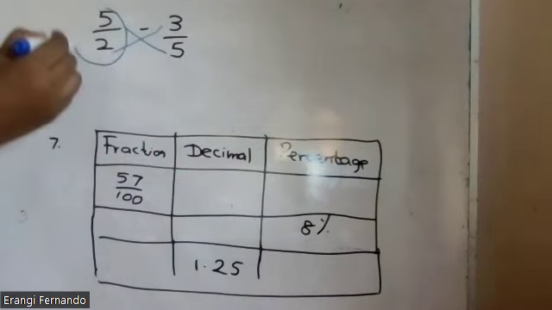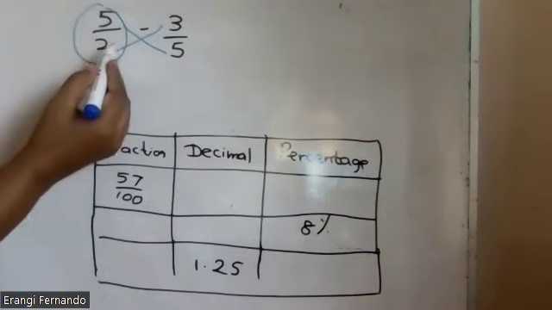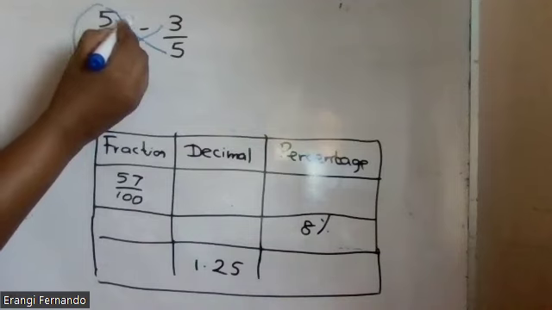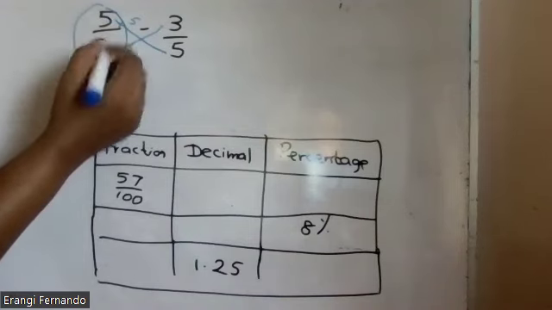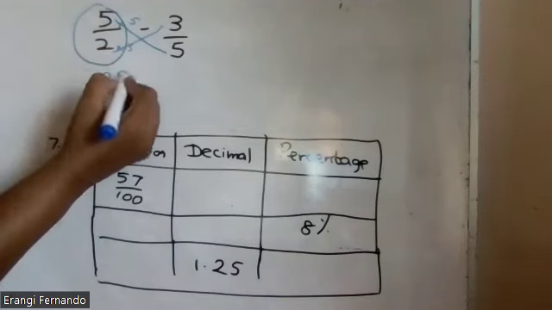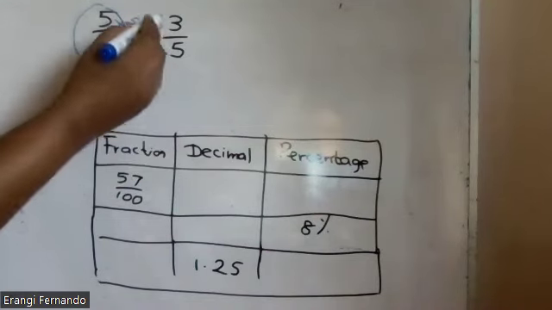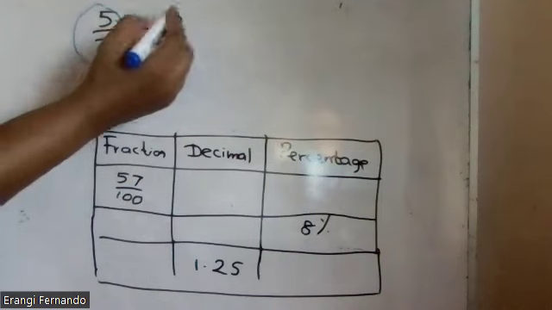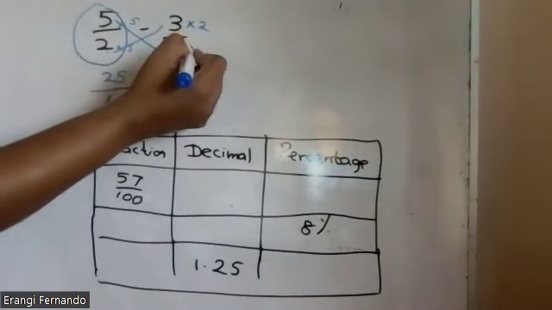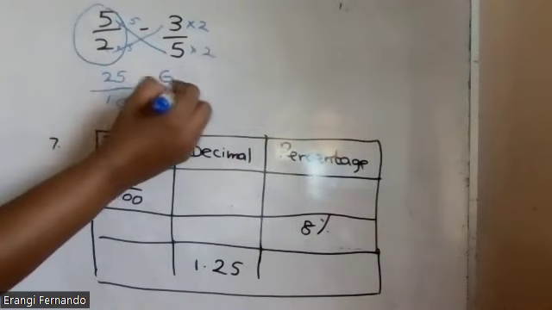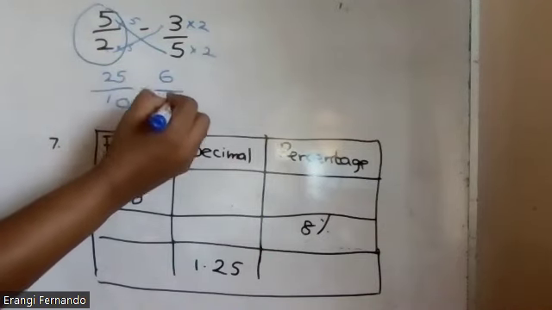So 5 over 2, we have to multiply by 5. 5 times 5, 25. 25 over 10, subtract 3 over 5, you have to multiply by 2. 3 times 2, 6. 5 times 2, 10.